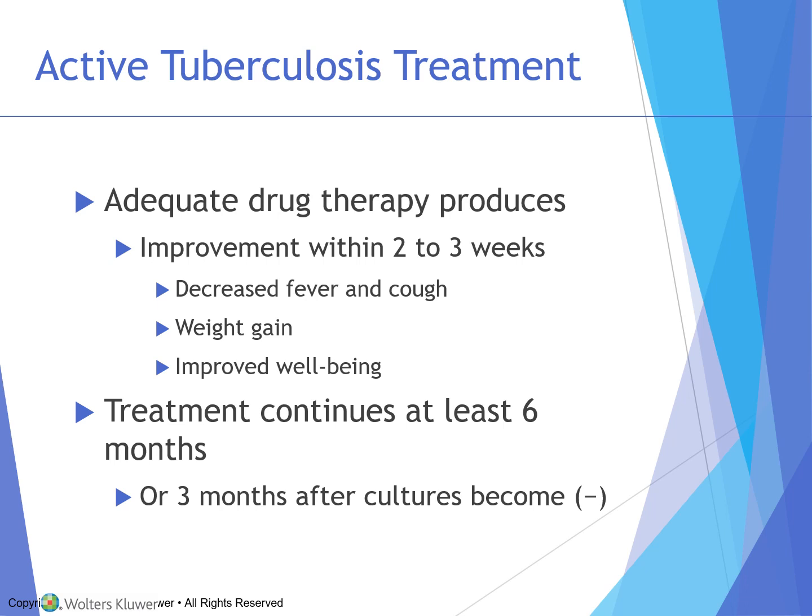Patients are going to gain weight, because with tuberculosis there is weight loss when it's active, and they're just going to feel better. The treatment will continue for at least 6 months. It could also continue 3 months after the cultures have become negative.